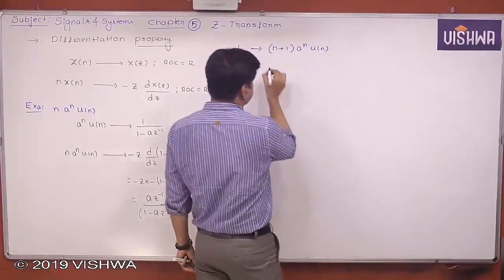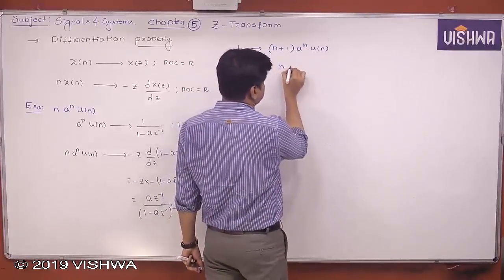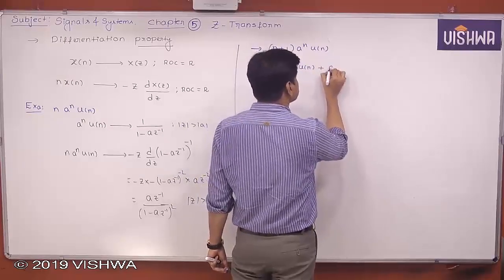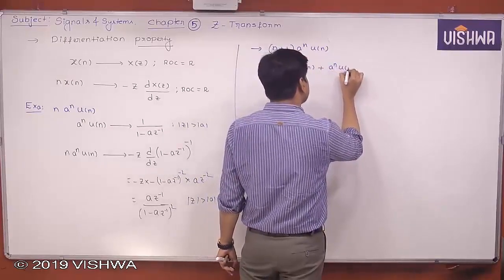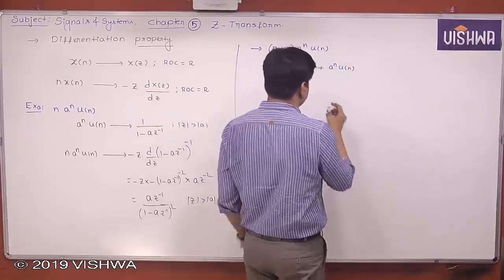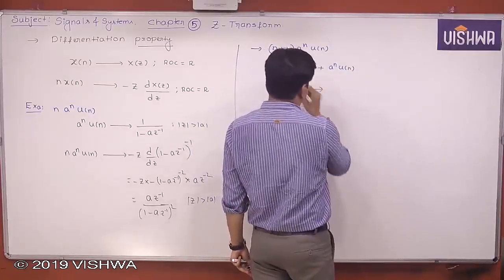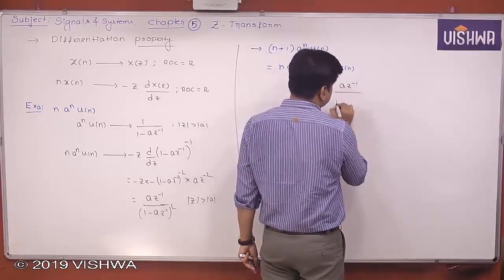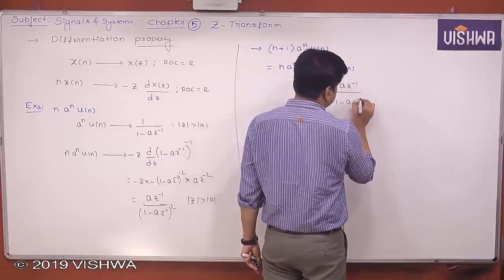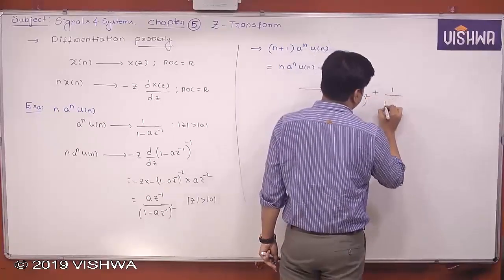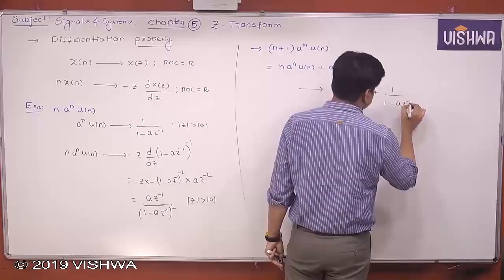This can be written as n a power n u of n plus a power n u of n. For this, if I apply Z transform, then what will happen? This one we have just calculated: a Z inverse by 1 minus a Z inverse whole square, plus 1 by 1 minus a Z inverse.